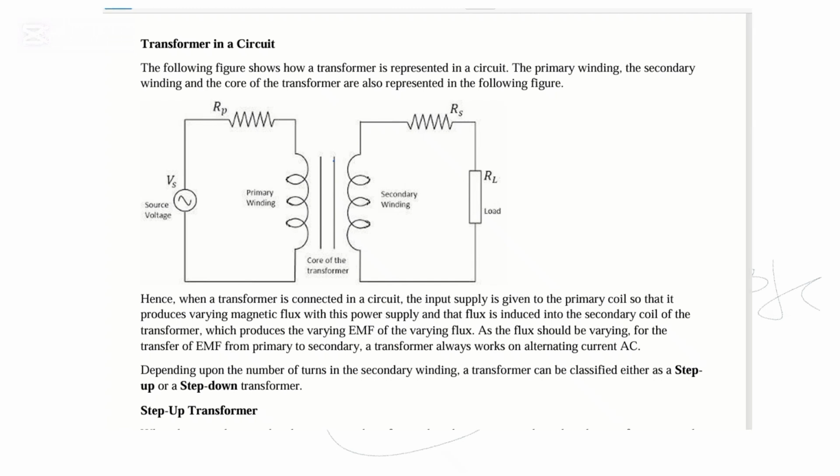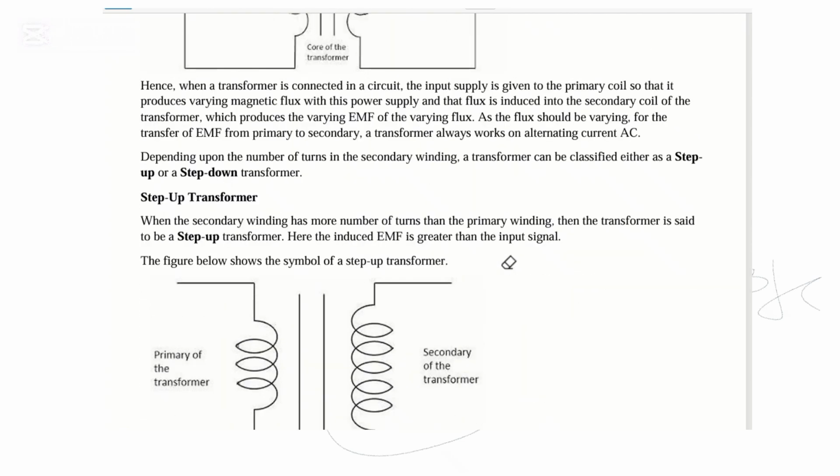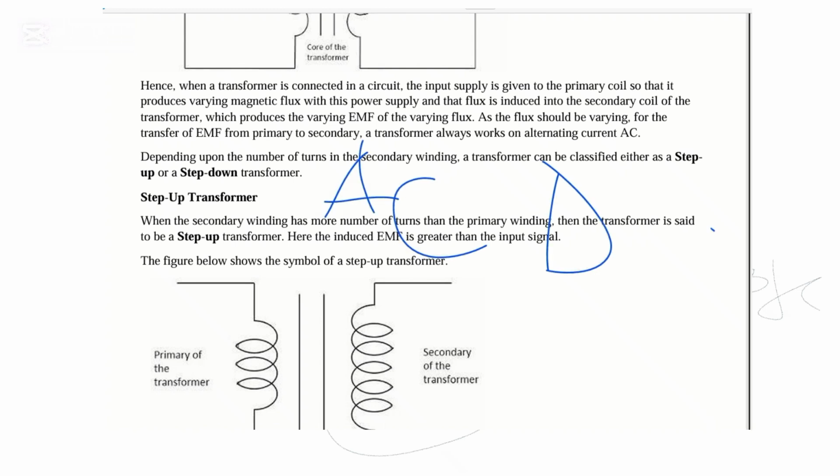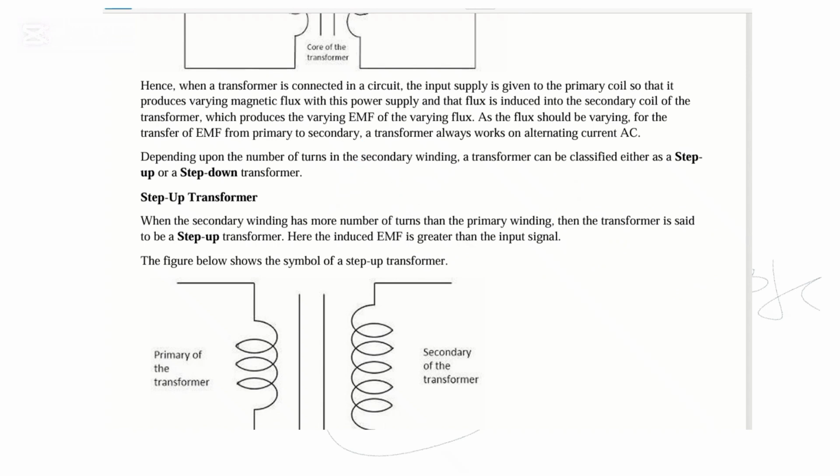Why does a transformer only work on alternating current? This is because this is the suitable current for the transformer, because this type of current changes directions. Remember that we are designing a power supply that will convert AC to DC. So this is why we are using a transformer. So the transformer will only be connected on the AC side. So you're going to see why we need a transformer in that project.